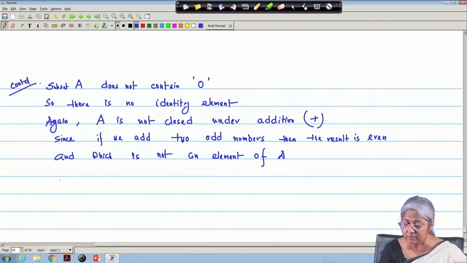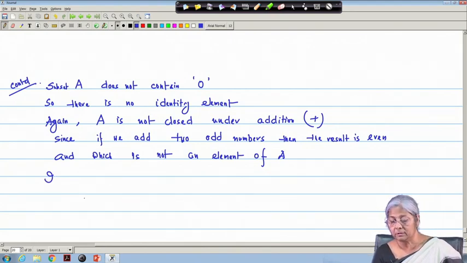So, neither does it satisfy the closure property, nor does it have an identity.